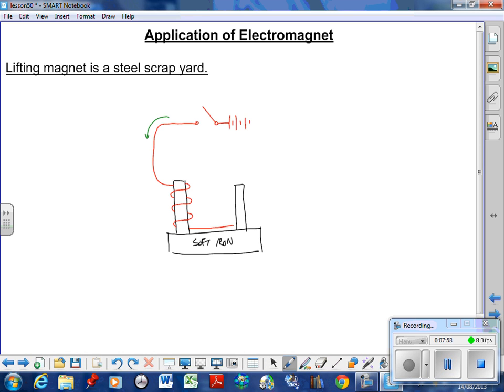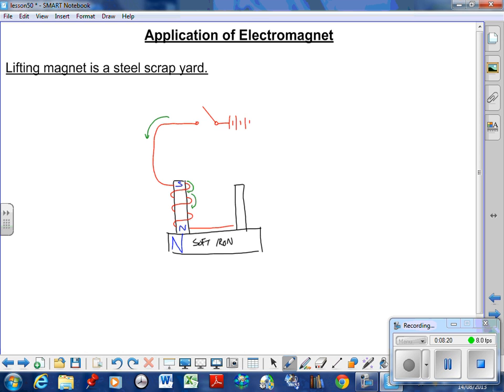That would mean my fingertips would have to wrap, because it's coming up and over. My thumb would be pointing downward. So this piece of soft iron would become north. This would become south. Because it's in contact, the larger piece of iron would become a north pole for the magnet.